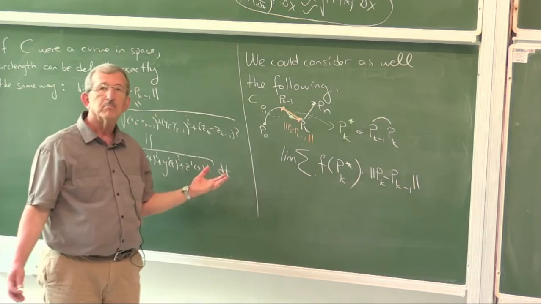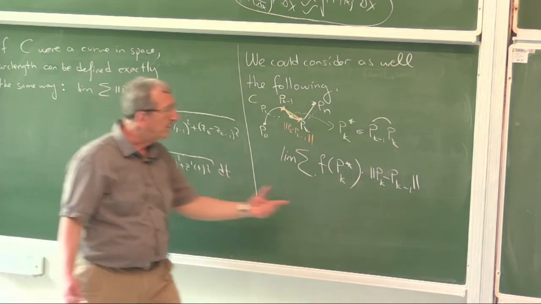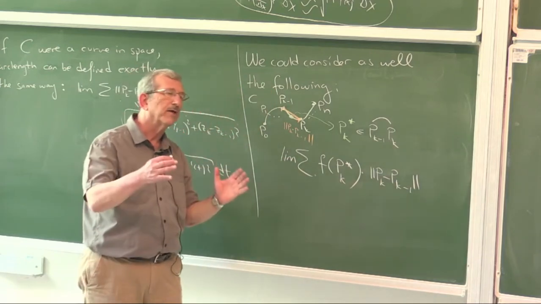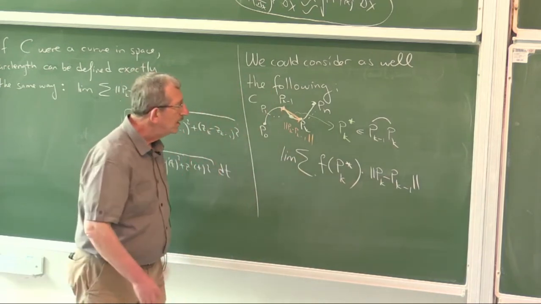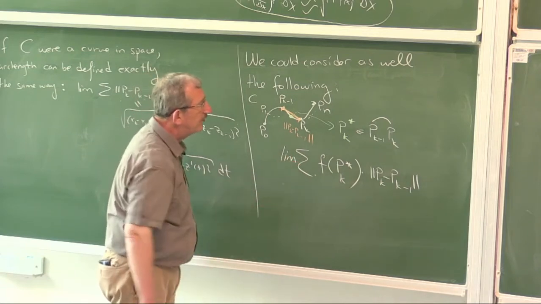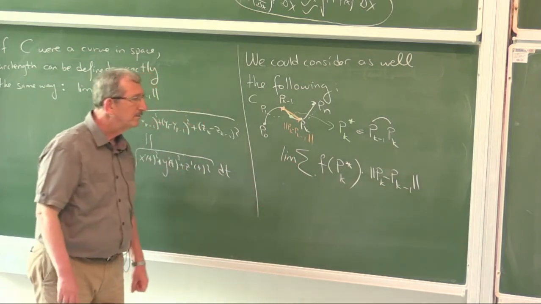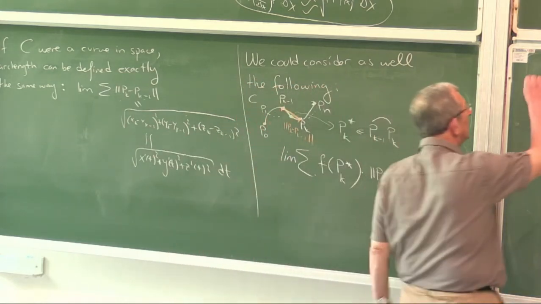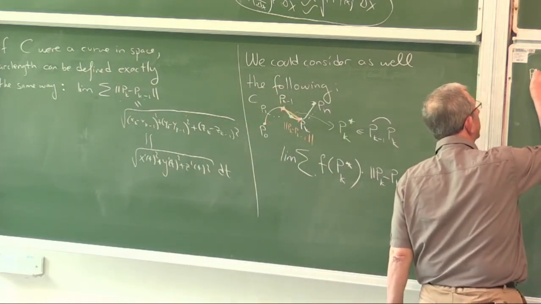This is a Riemann sum. Only here, the measuring way is by looking at the line segment. So, if these Riemann sums have a limit, then we call it a line integral. Okay. So, pre-definition.